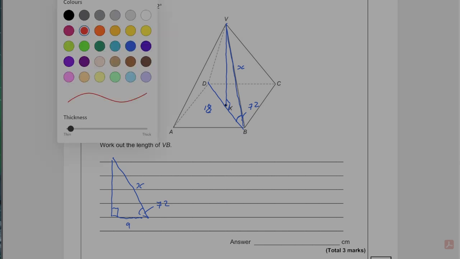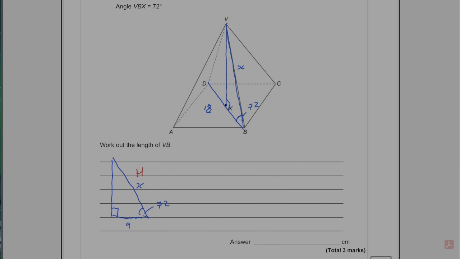So we're going to be using trig, so this is going to be H, the hypotenuse, this is going to be the adjacent. So we're going to be using the cos ratio here, so CAH. And we want to work out the H, so if I rearrange that, H is going to be equal to A divided by C. And then if I substitute in, X is going to be equal to 9 divided by cos of 72.